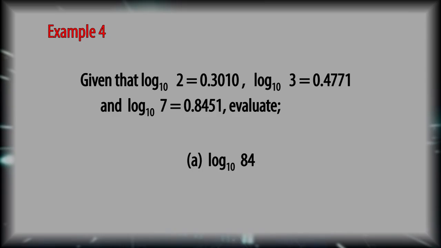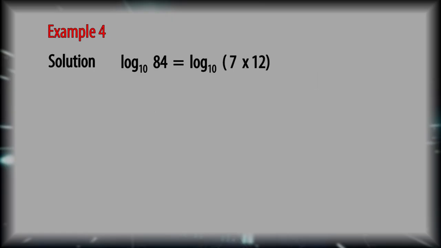So we're going to write 84 as a multiple of smaller numbers. So we'll have log base 10 of 84 to become log base 10 of 7 times 12. Then we'll break the 12 down further. So we'll have log base 10 of 7 times 2 times 2 times 3.